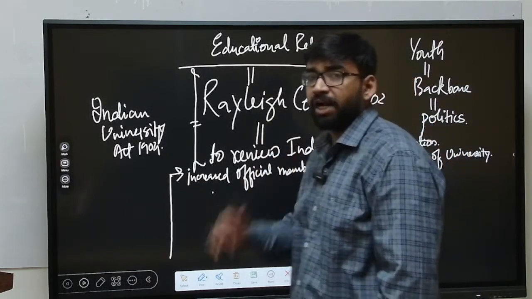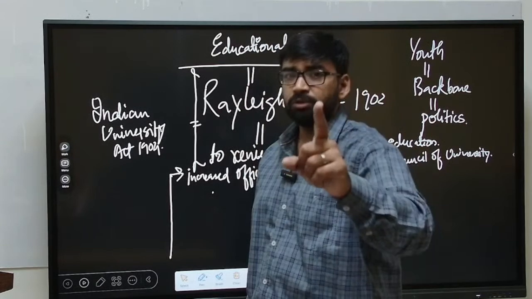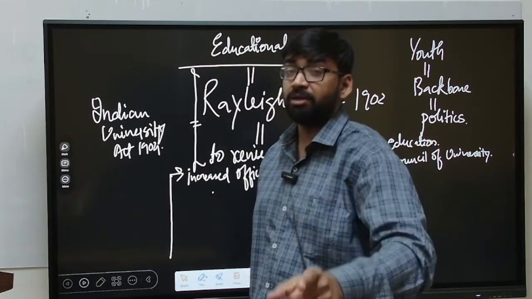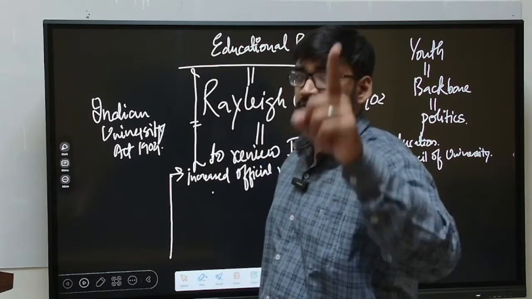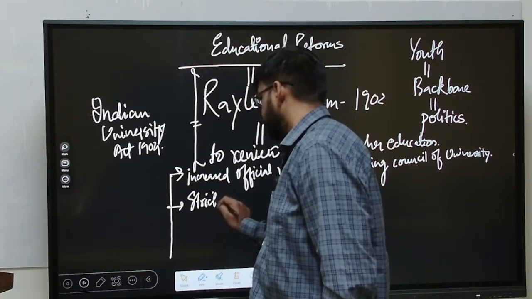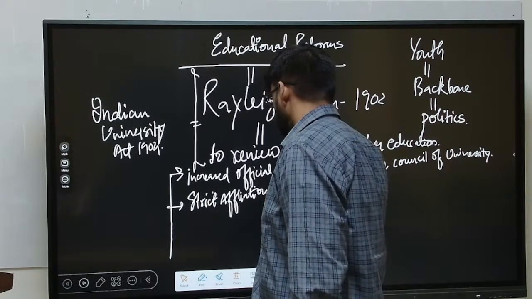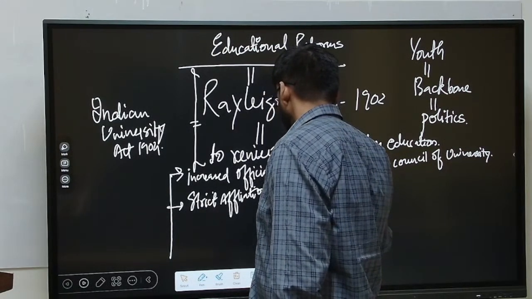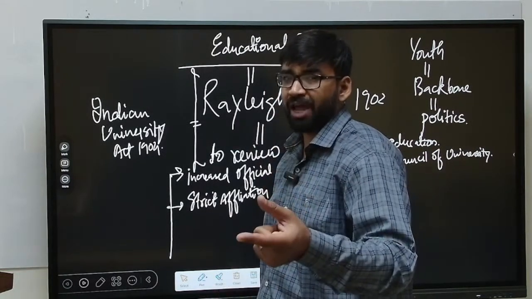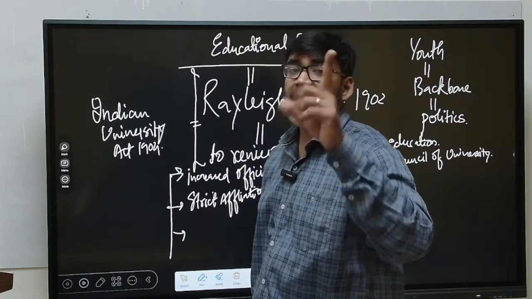And it also said that if students and teachers are found to participate in the national movement, the affiliation of the university will be cancelled. A strict affiliation was followed. And if students are found in nationalistic activities, they will not be given character certificates.